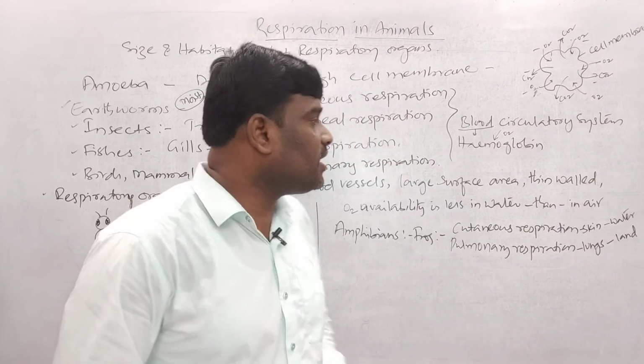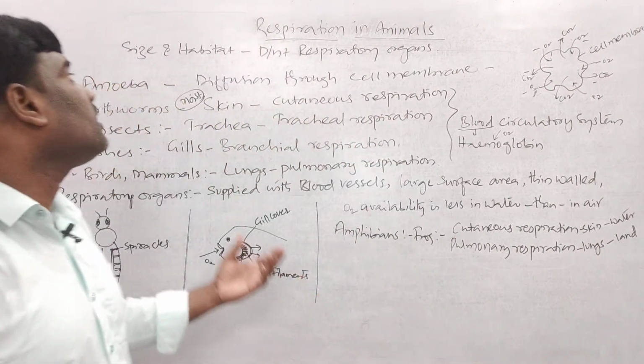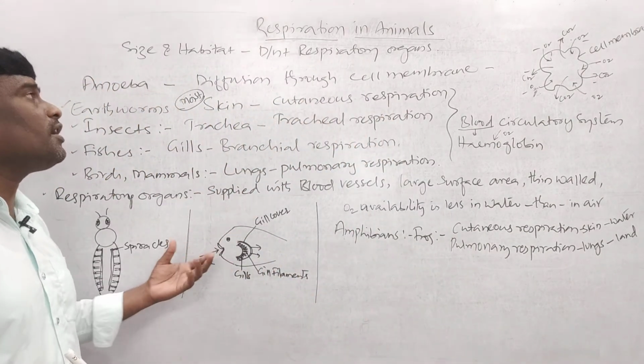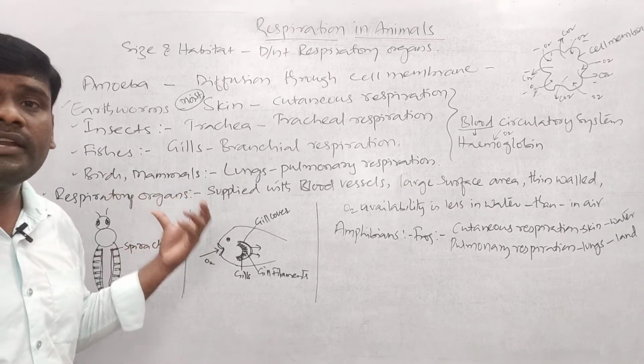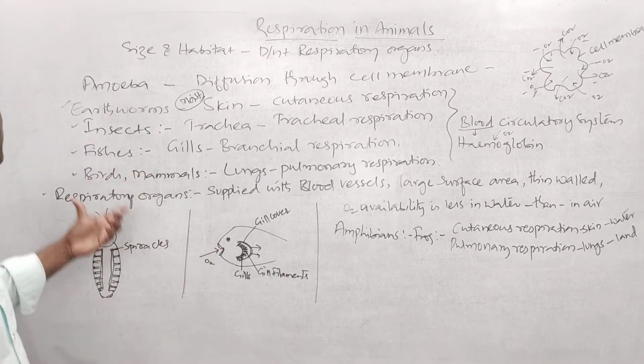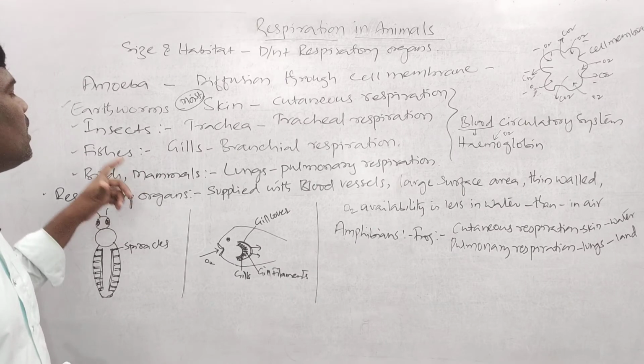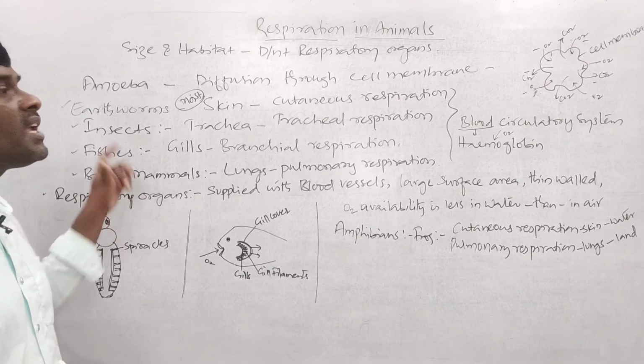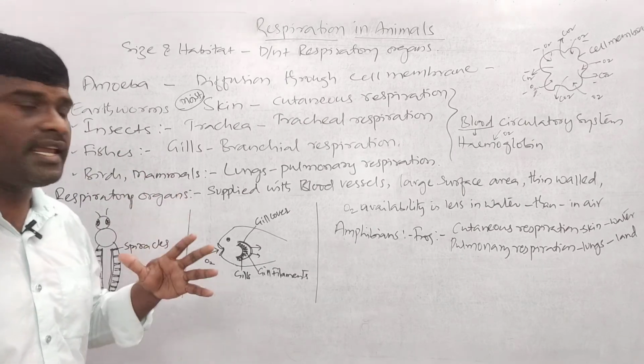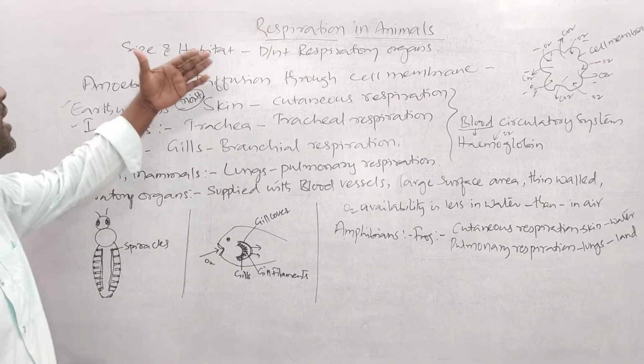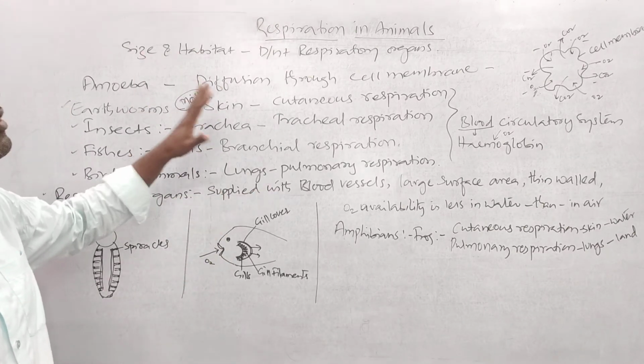Got it? So this is about the different types of respiratory organs in different animals. We are going to study the human respiratory system in the next class, a detailed study about that. According to your syllabus, children, this is more than enough.